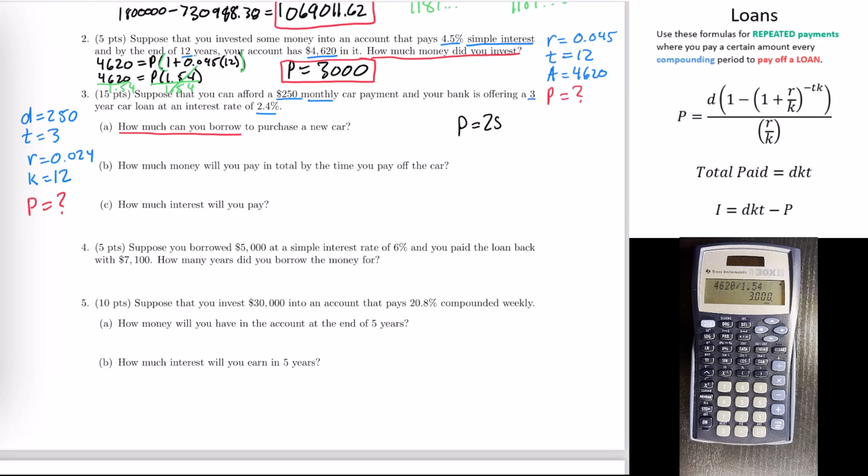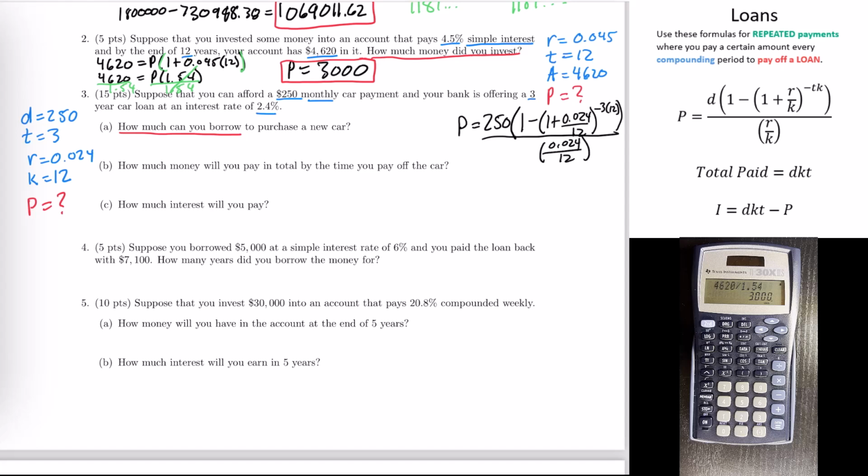D is 250. Inside of parentheses, I have 1 minus another set of parentheses where I have 1 plus my interest rate of 0.024 divided by 12, all raised to a negative exponent of 3 times 12. And then all of that is divided by 0.024 divided by 12.